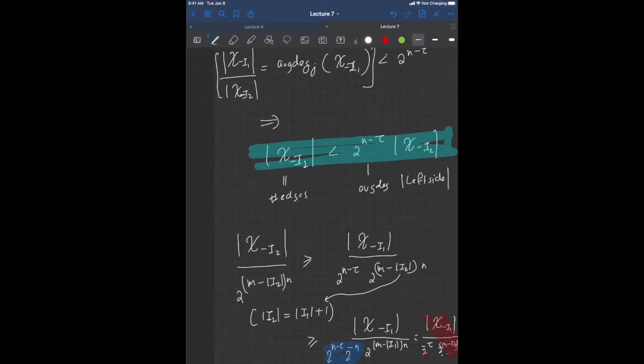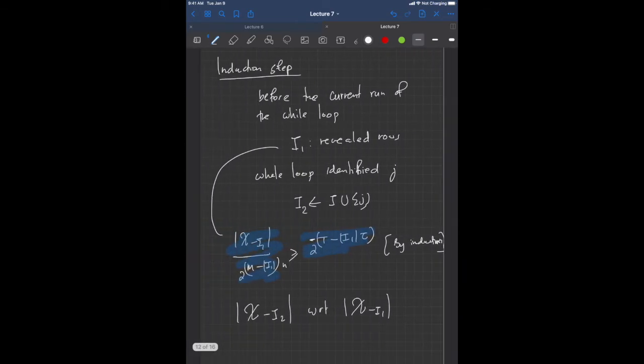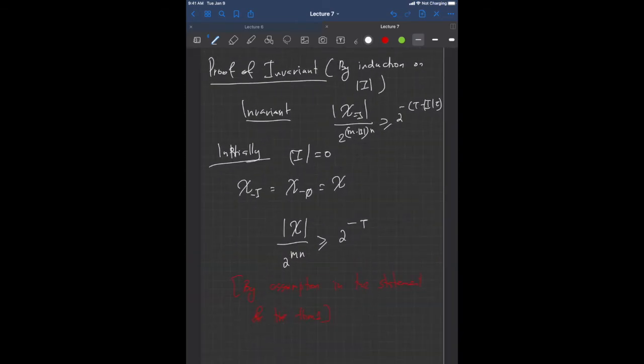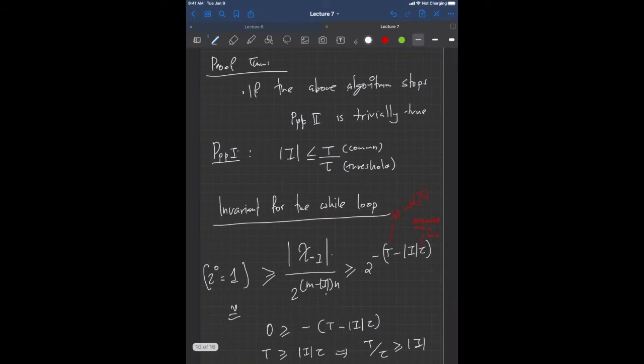I did say this intuitively at the beginning, right? So what did the invariant say? The invariant is saying that every time you identify a revealed row, it accounts for tau bits of information. So this is the number of revealed rows, and this is the amount of information revealed. And the maximum amount of information in the matrix is t.